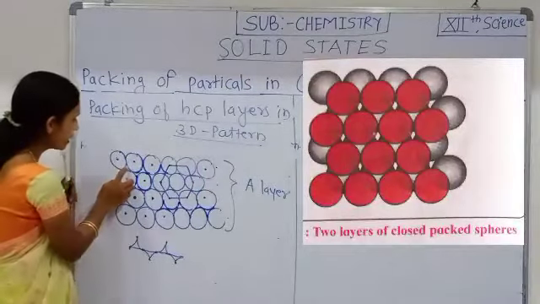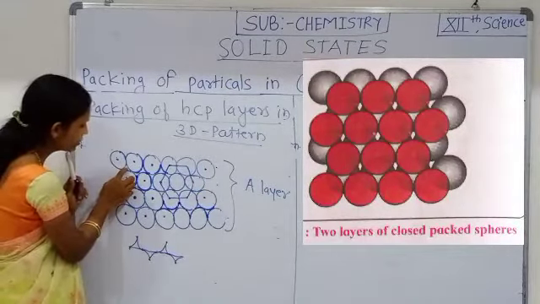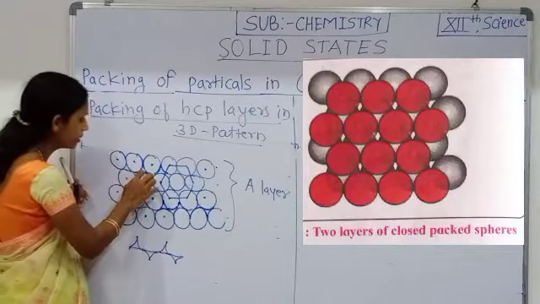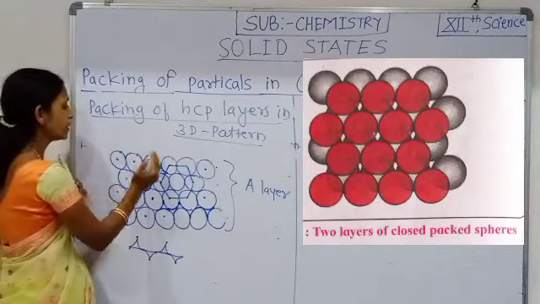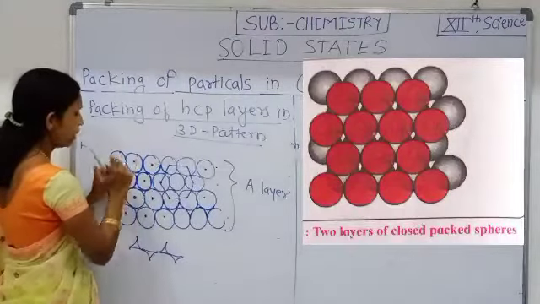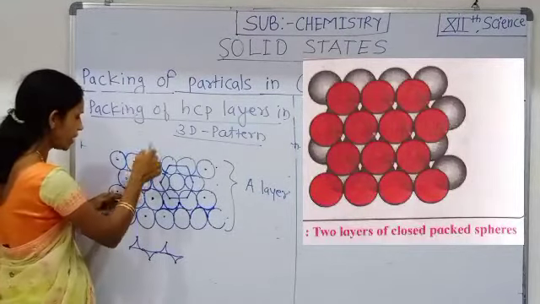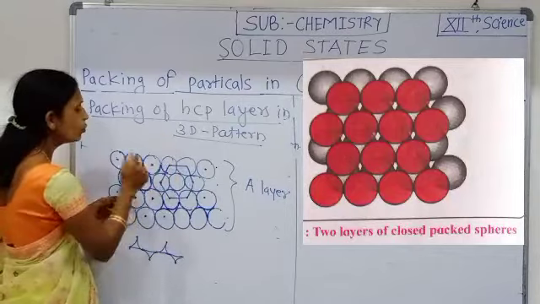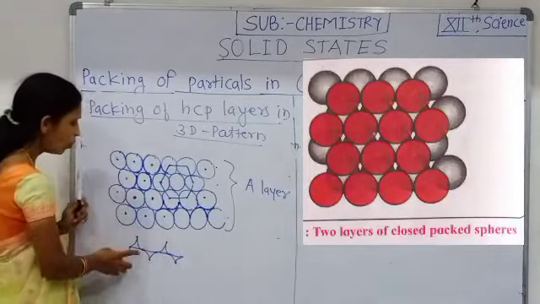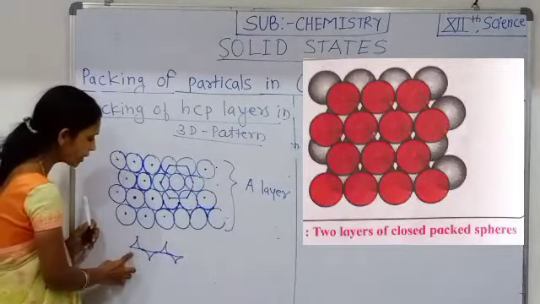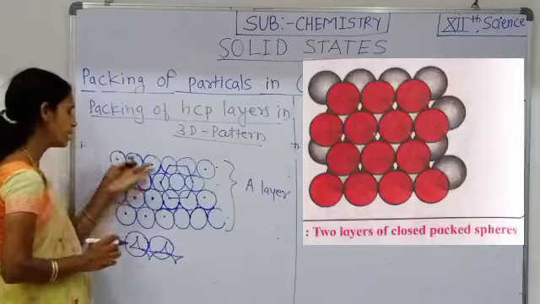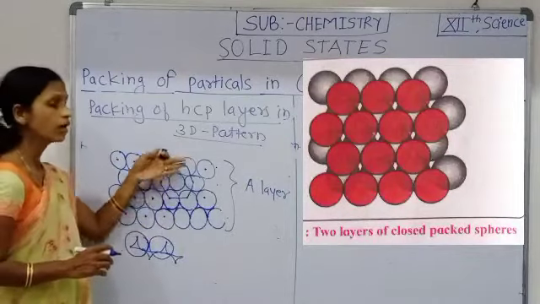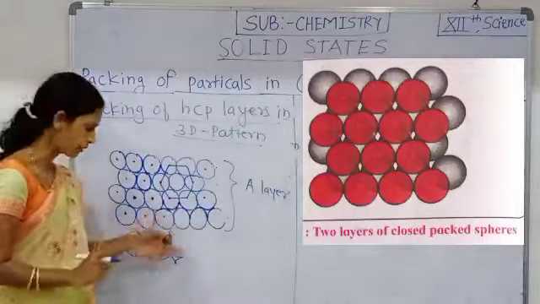That means there are triangular voids which are alternately directed. Half of them are directed upward, and half of them are directed downward. Therefore, only half of the triangular voids are covered by the spheres in the layer above it, in the second layer.